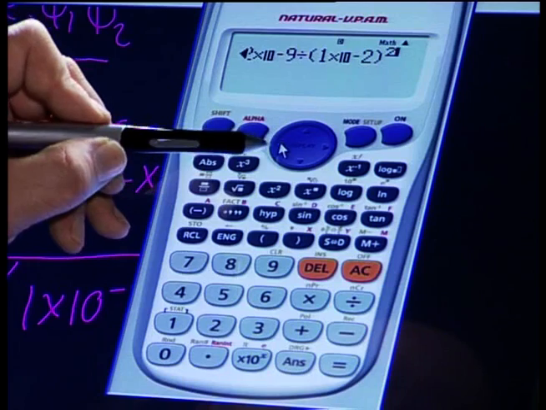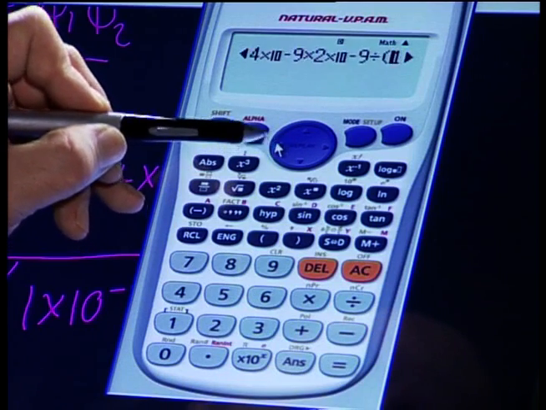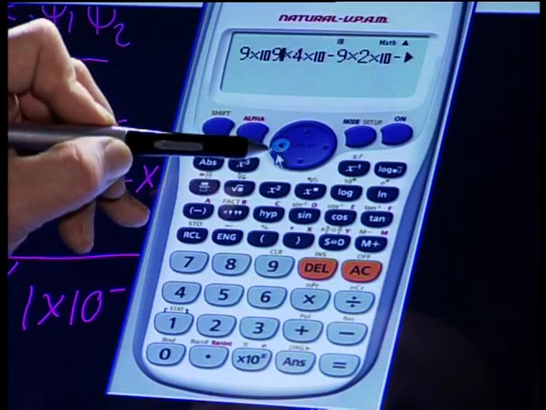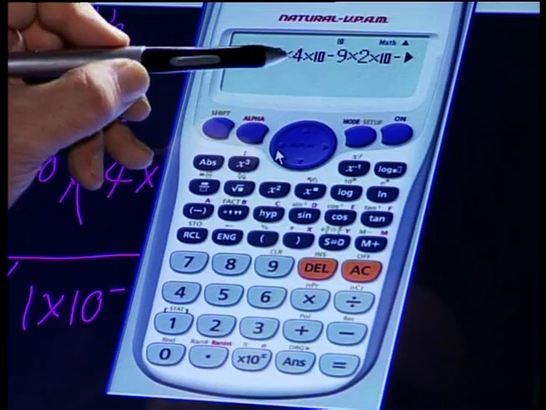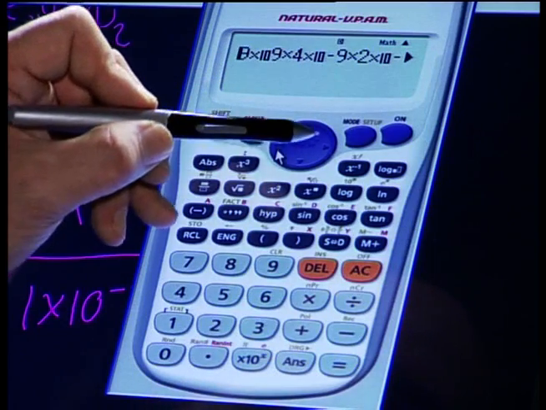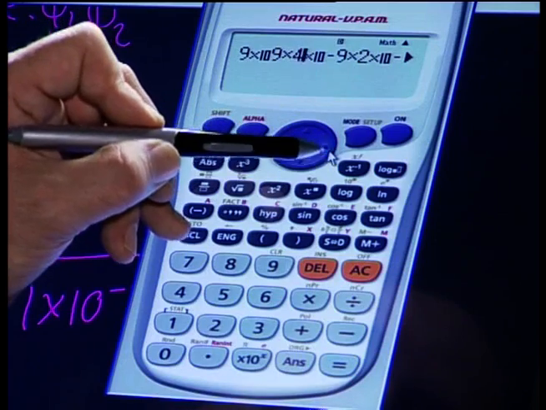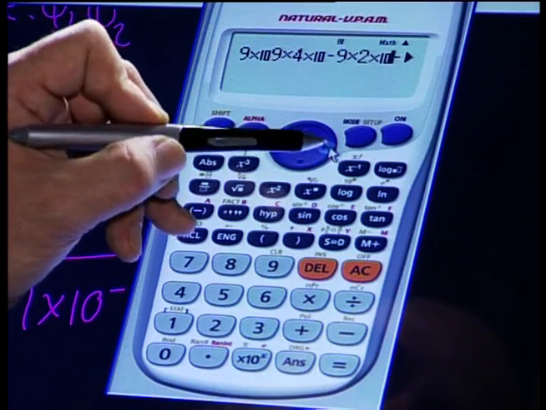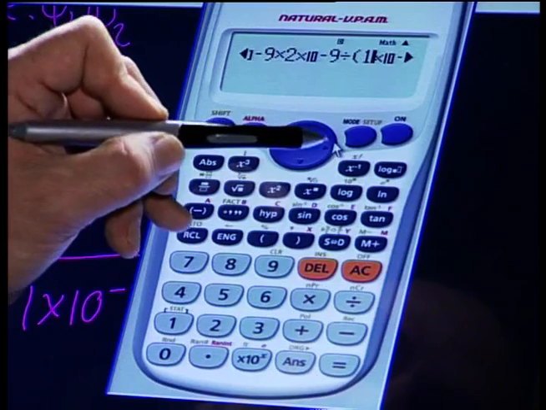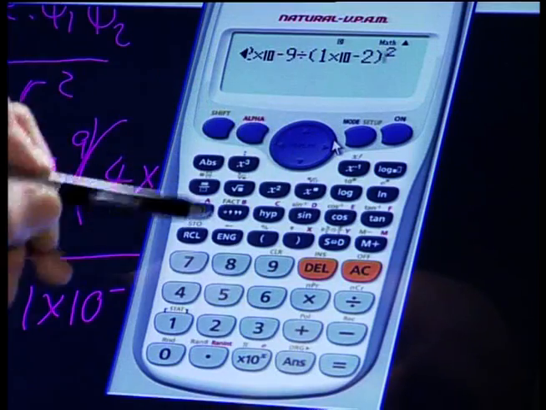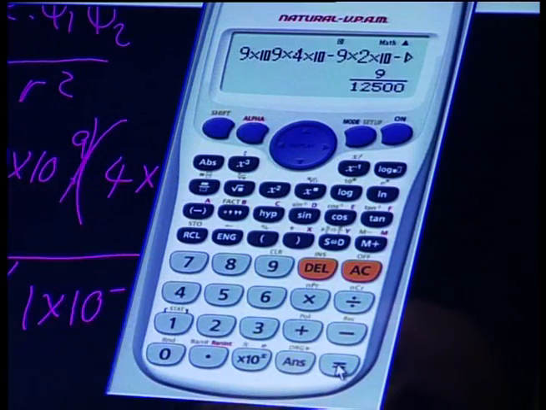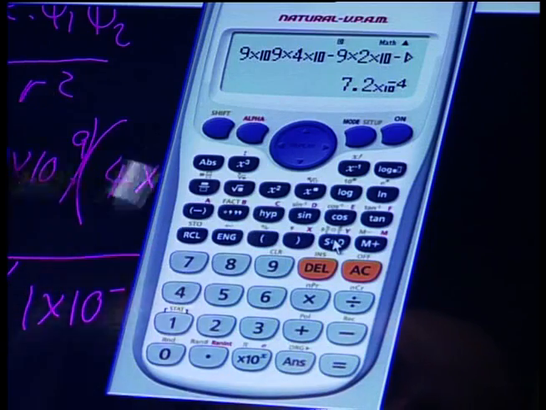The square is in, and you can go back and do a check step. Look at your equation, look at what you've got: 9 times 10 to the 9 times 4 times 10 to the minus 9 times 2 times 10 to the minus 9 divided by the denominator, and we check that we've got the right units, and we squared it, and we say equals, and then check what that answer is.